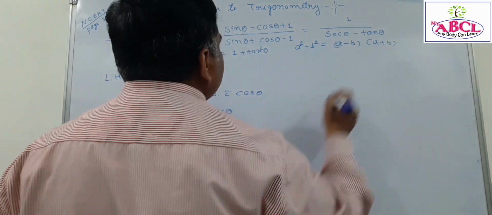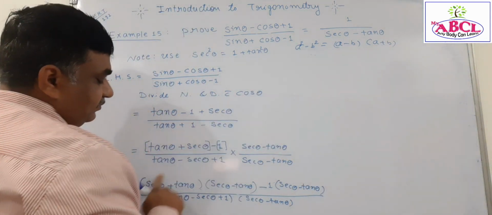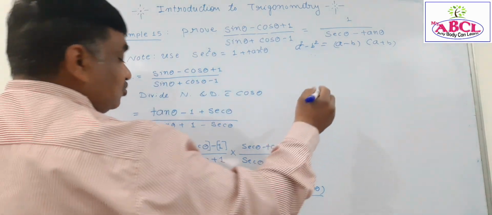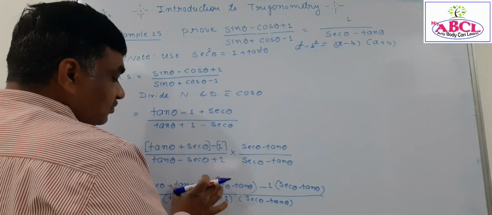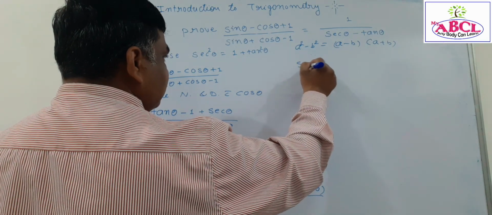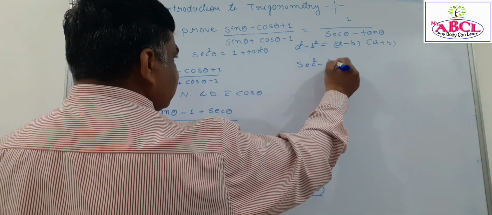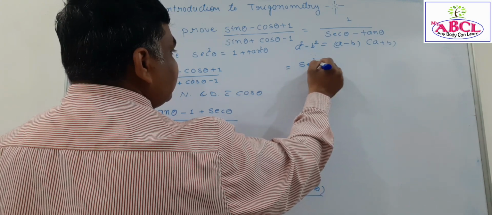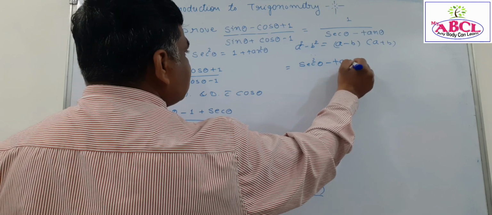So I can use this identity here, and instead of these two brackets I am going to write sec square theta minus tan square theta.